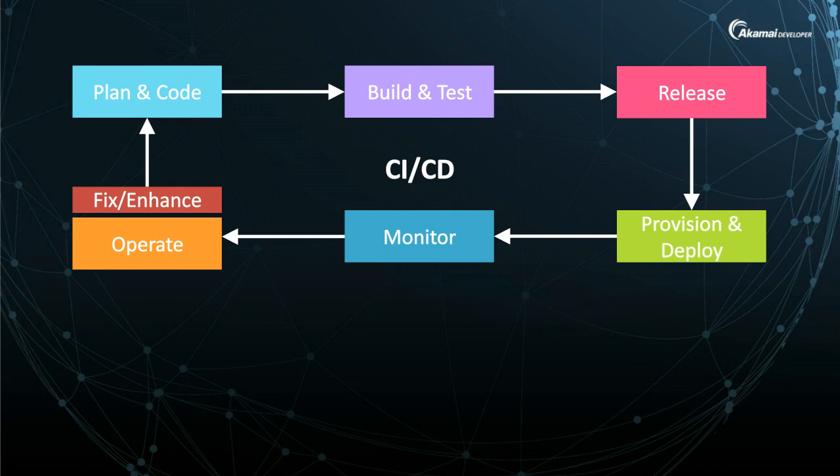As soon as you check something in, you want to kick off a build, test this out, release it, maybe provision it via Terraform, spin up an EC2 instance, deploy it in the cloud, then monitor whatever change you put out, monitor this real time. And then depending on what you think of the results, you want to either make some more changes, fix this, or continue working. The entire CI/CD workflow focuses on just the DevOps user going a lot faster and automating this particular workflow.